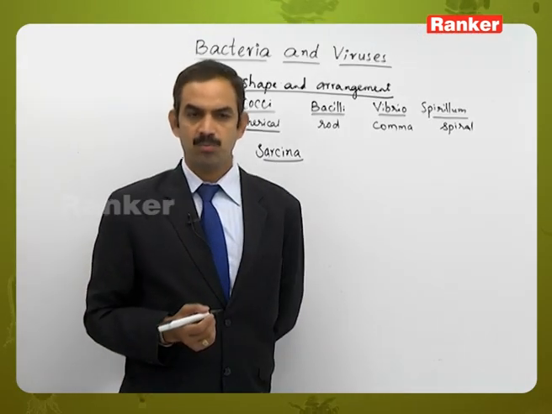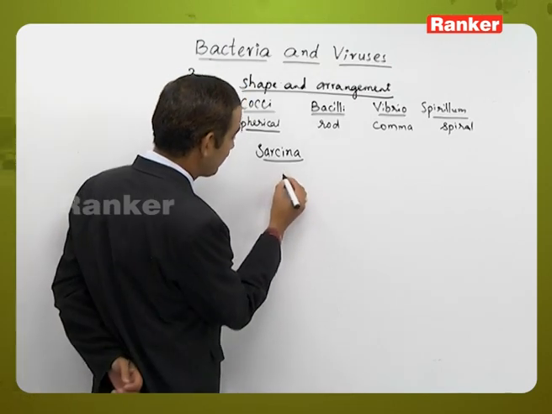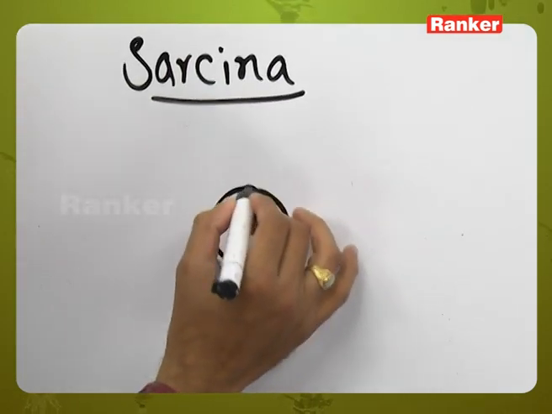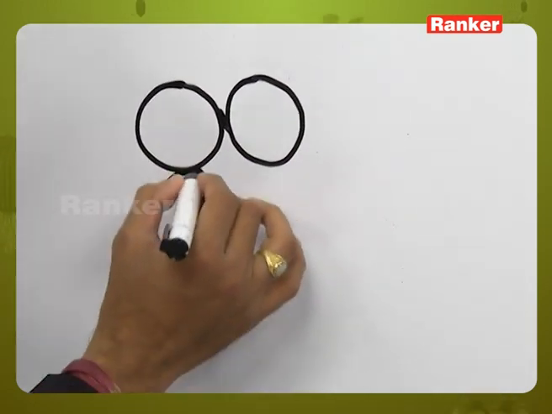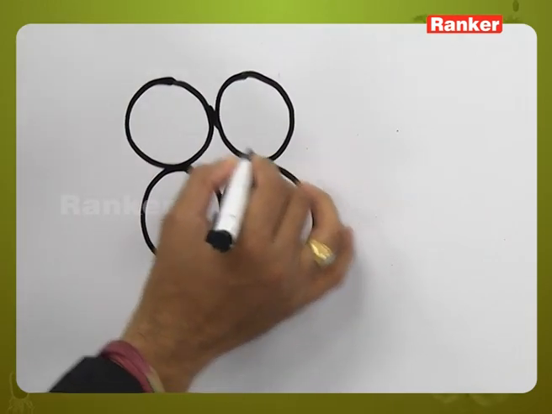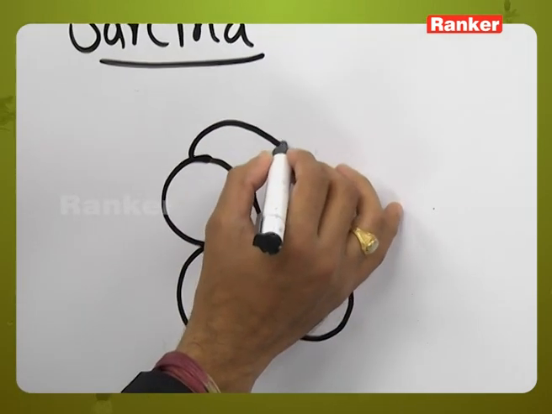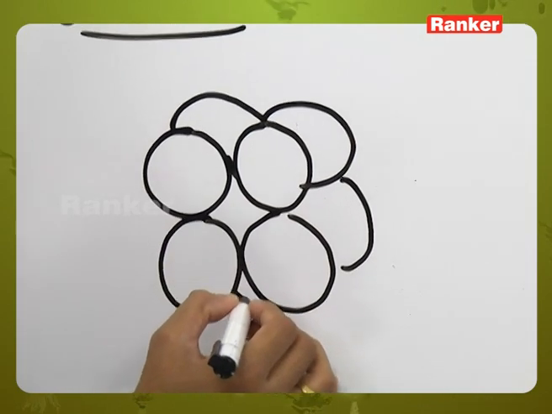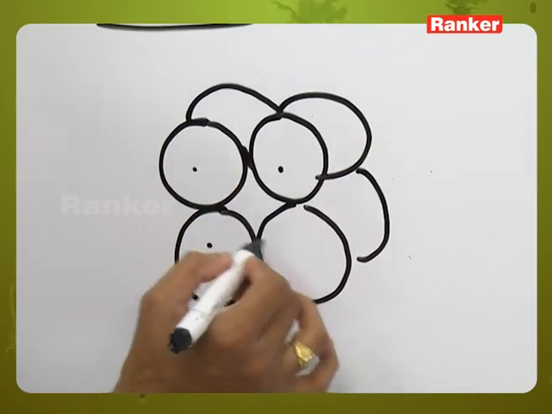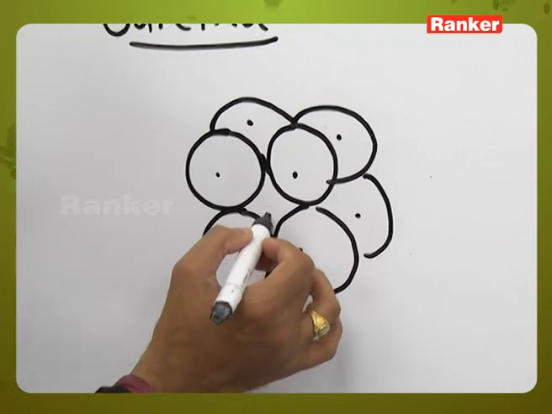So from the given options we can say that Sarcina contains a group of 8 spherical shaped bacteria like this. So 4 will appear like this, and the remaining 4 will be present on the outer side like this. So 1, 2, 3, 4, 5, 6, 7 and the 8th one will be there.